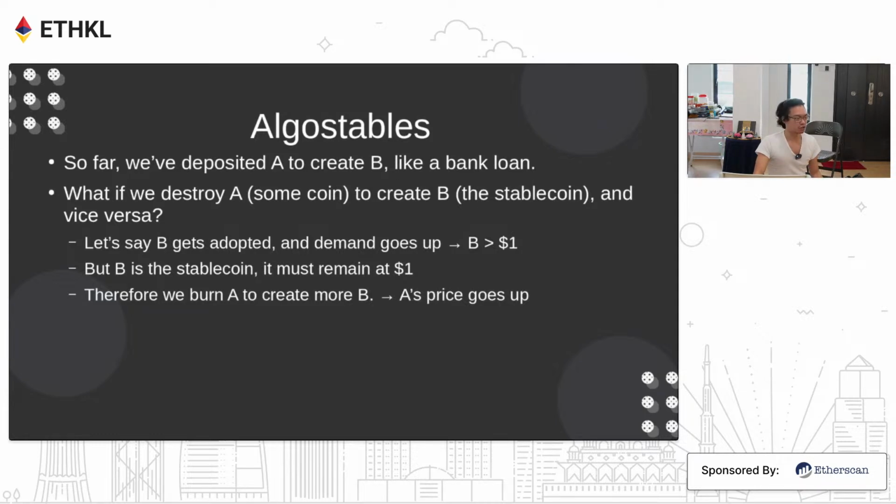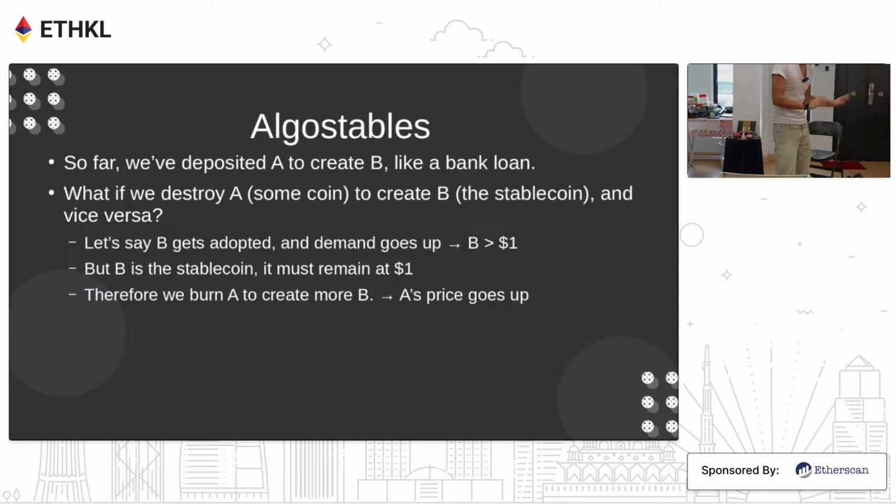If you could make such a thing, which you can because that's what smart contracts are for, you can make A's price go up because you can make the supply of A go down in order to create the supply of B. So the supply of A goes down to increase the supply of B. The supply of B goes down to increase the supply of A. Let's not talk about the price of those.